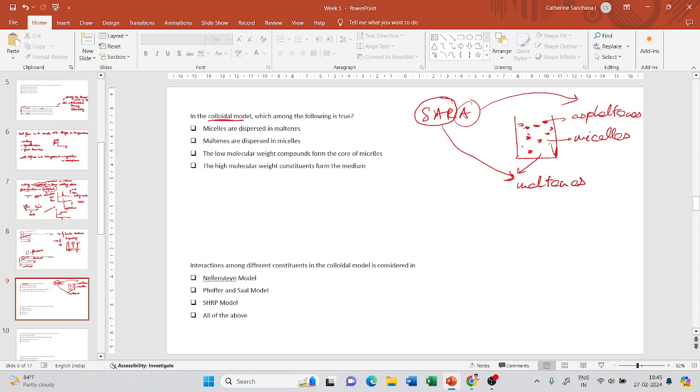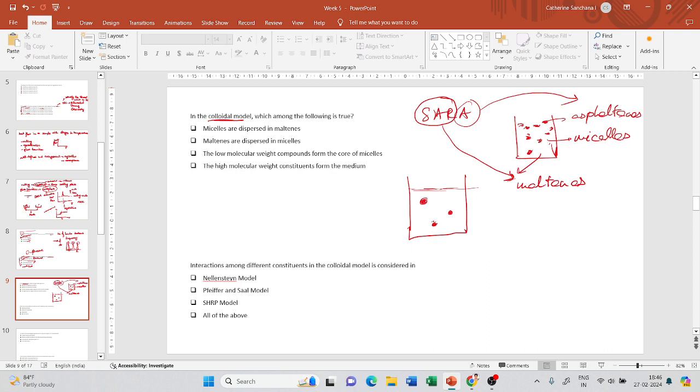Okay, so an improved version, or the next evolution of the colloidal model, said that these asphaltenes form the core of the micelles.